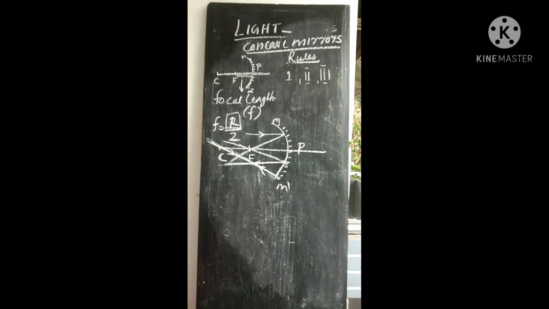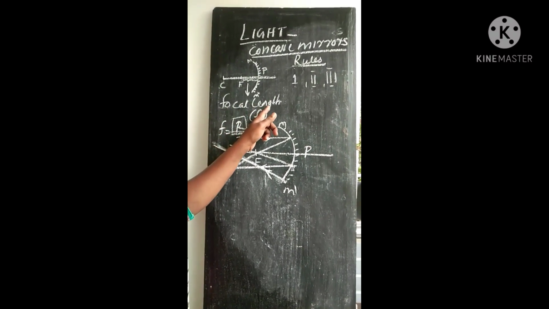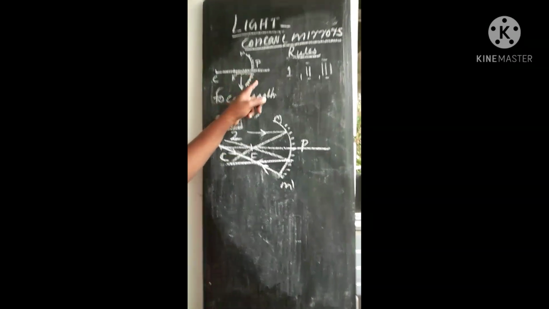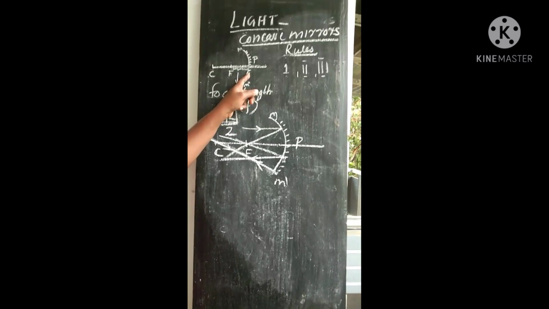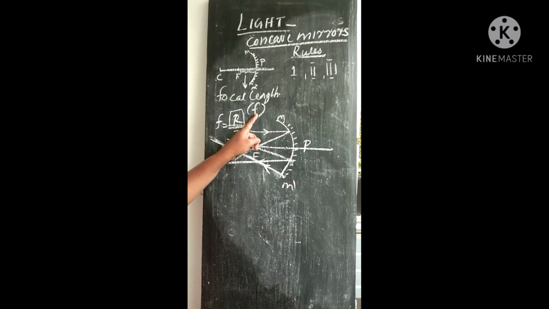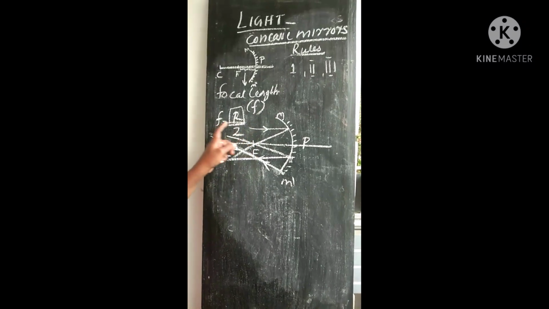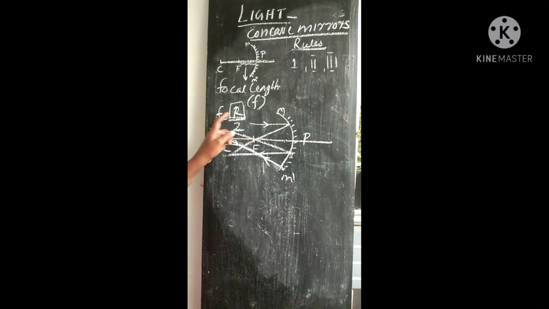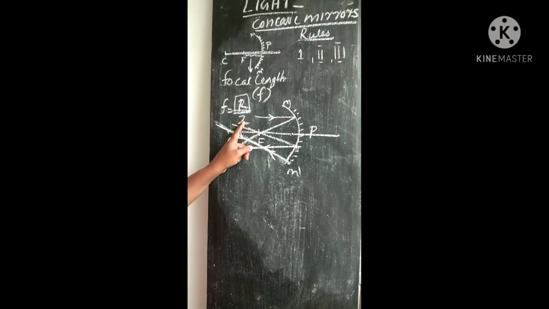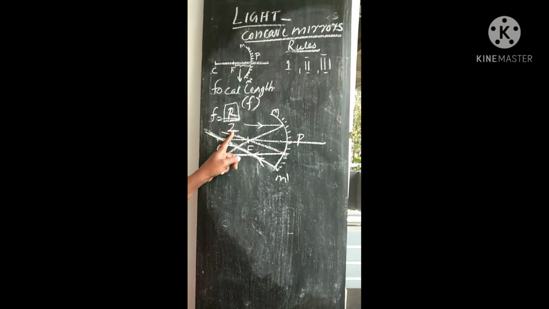First of all, write the definition of focal length of a concave mirror, then draw this figure and show the focal length in the picture, then write the definition. You can use small letter f to denote it. After that, write this equation: focal length is equal to the radius of curvature divided by 2, or half of the radius of curvature.